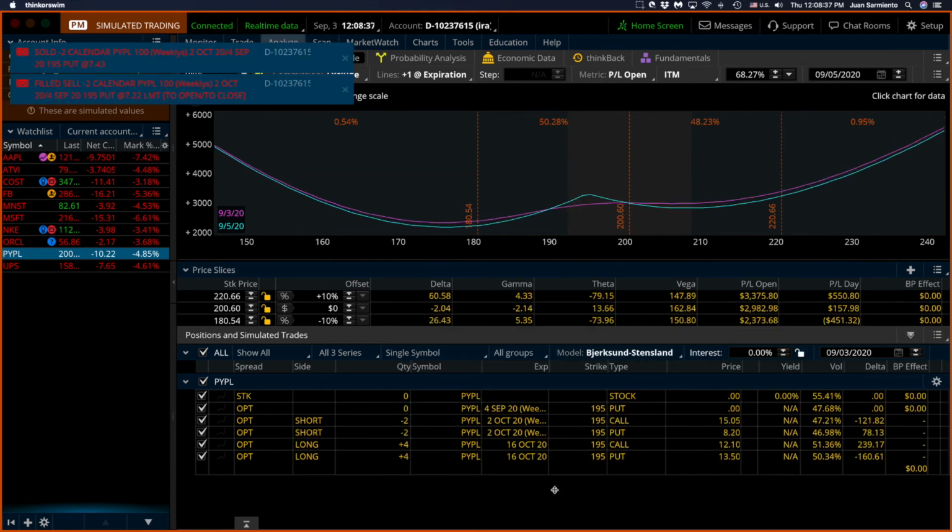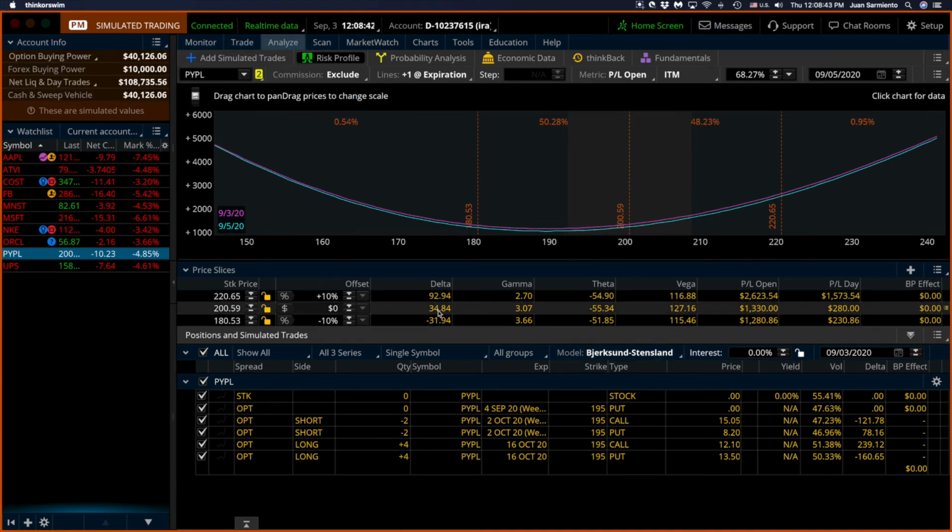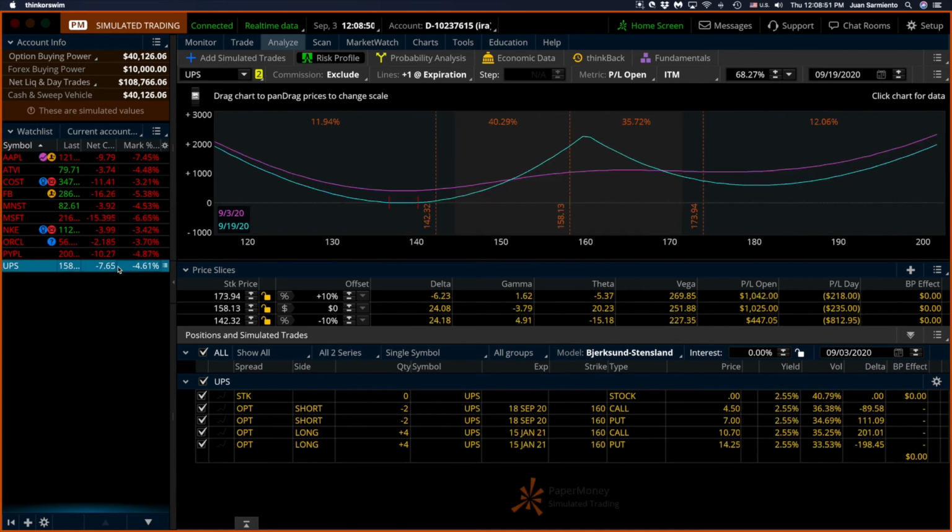Again, this is a way to take profits, and the trade is actually now bullish. But you have to think about it: if the market continues on down, volatility will increase. UPS, again, I'm not going to touch this. That's doing great. Okay, that's it.